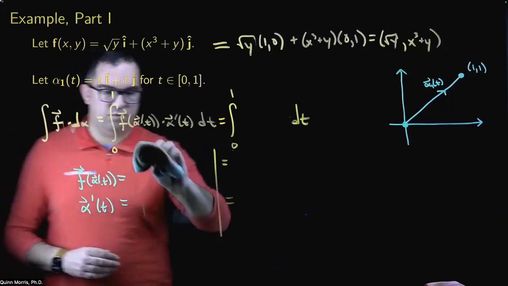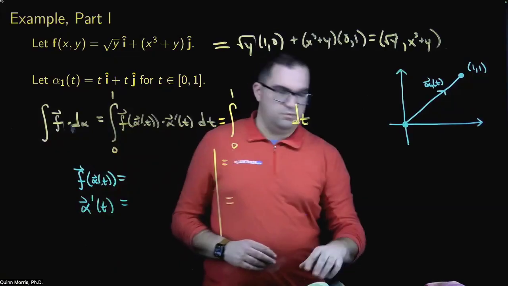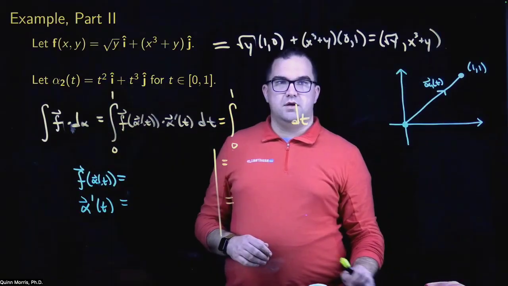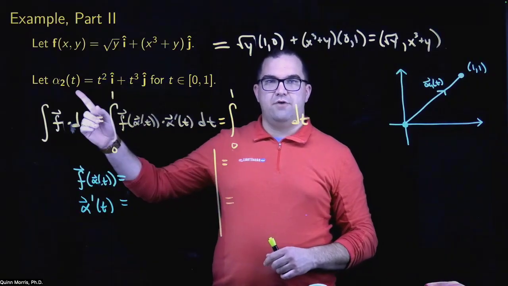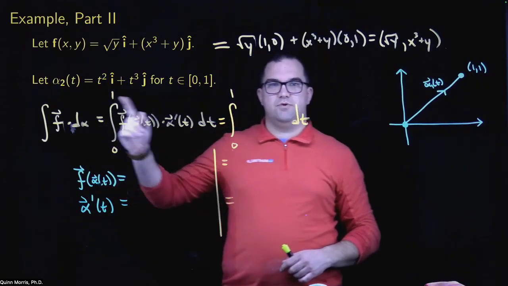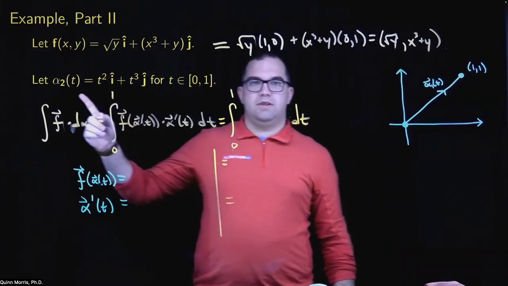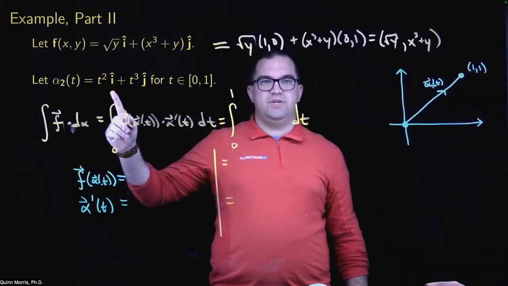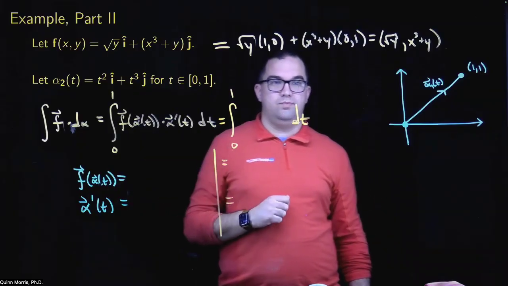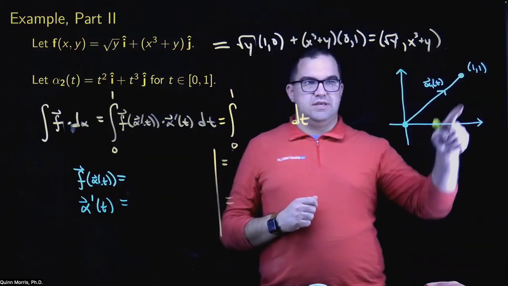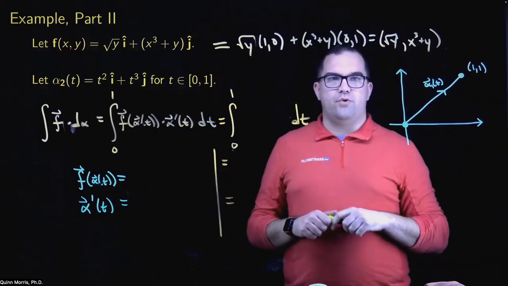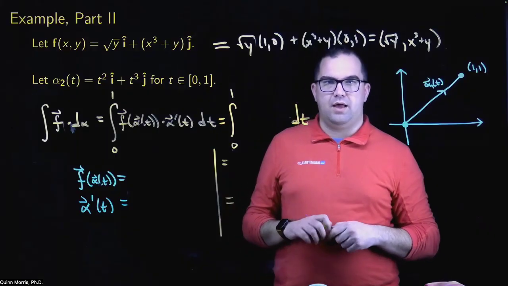All right. So let's look at what we are going to use for alpha 2 when we switch this. So now I have alpha 2 is equal to t squared i plus t cubed j. First, let's think about what the graph of this path is going to look like.